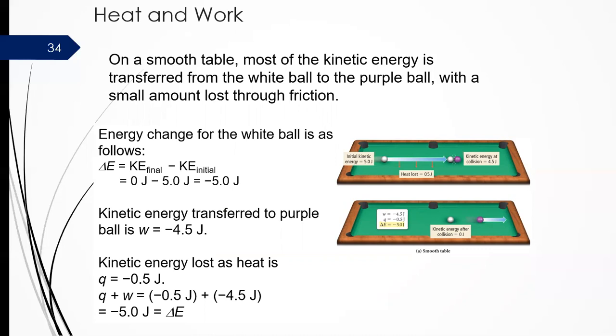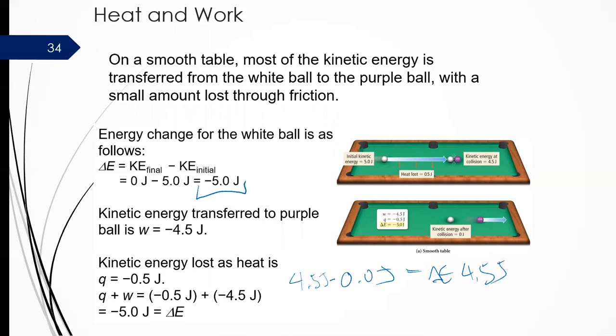It ends up not having any kinetic energy because it stopped moving, so 0. Its initial was 5.0 joules, and so its change is negative 5.0 joules. The kinetic energy of the purple ball started off at 0 joules and ended up at 4.5 joules, so its delta E is 4.5 joules.